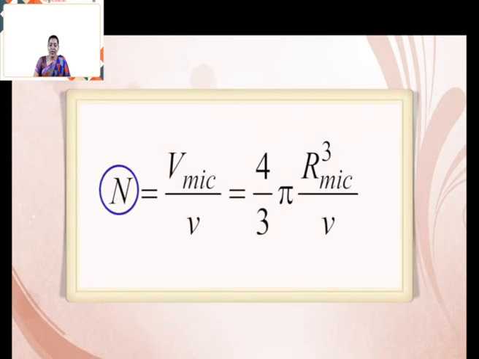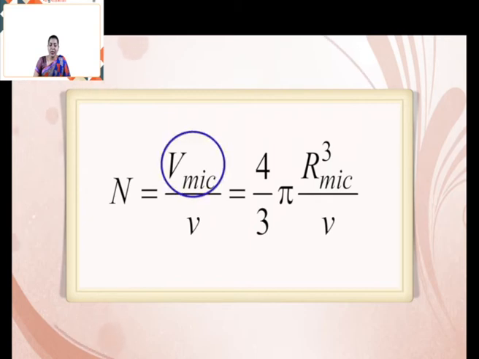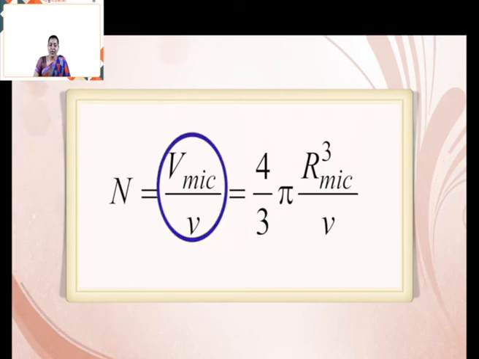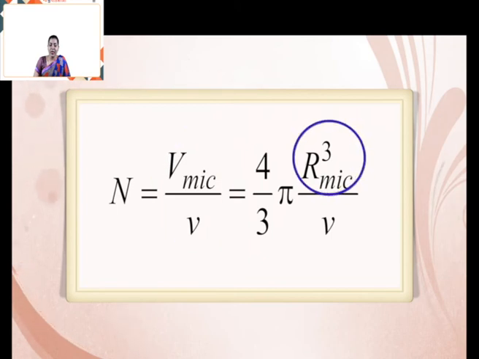The aggregation number n can be expressed as the ratio between the micellar core volume and the volume V. This volume V corresponds to the volume of the hydrophobic group in the micellar core, that is, the volume of one chain. In the following equation, n is equal to the ratio of these two parameters, where r mic is the radius of the micelle. As we all know, volume can be expressed as 4/3 pi r cubed.